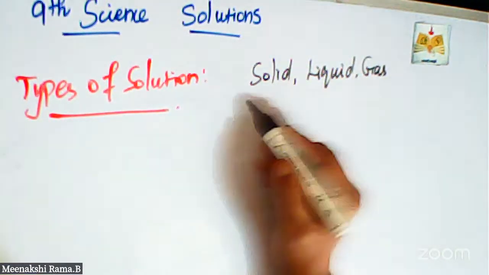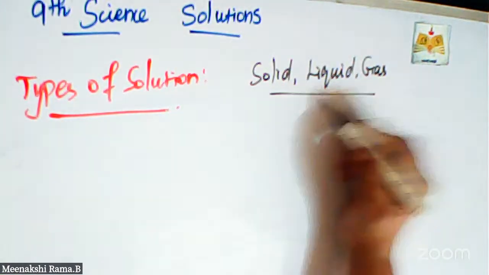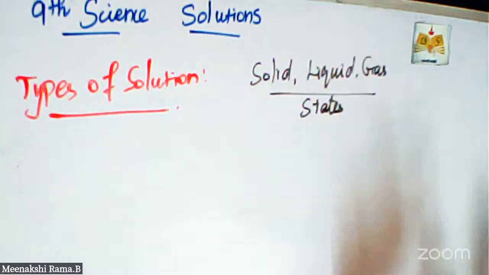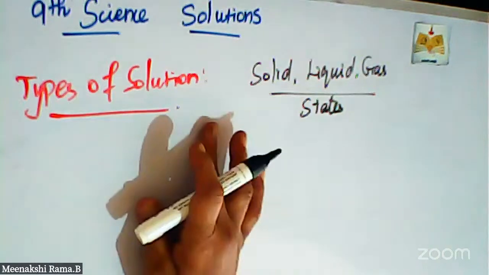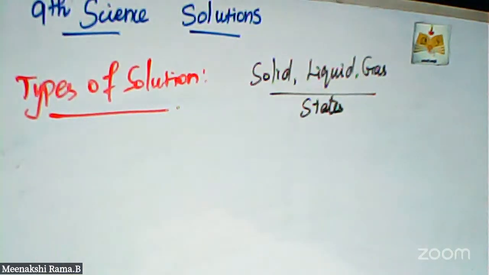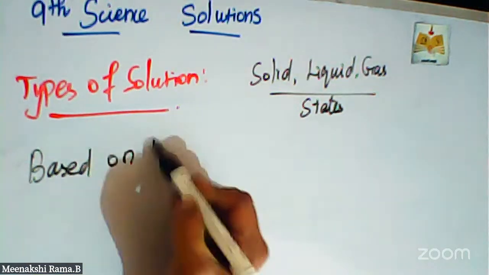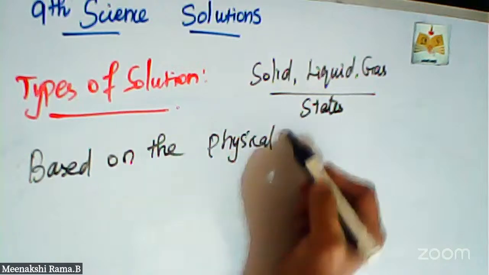These are the major states. Depending upon the states, we classify the types of solution. First one, based on the physical states.